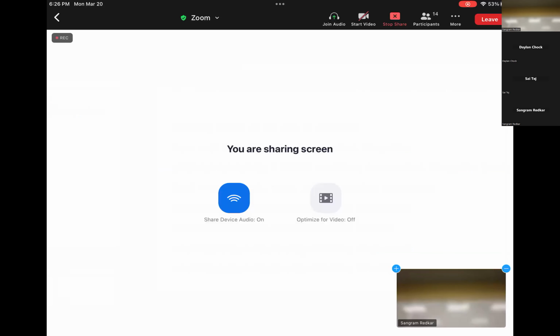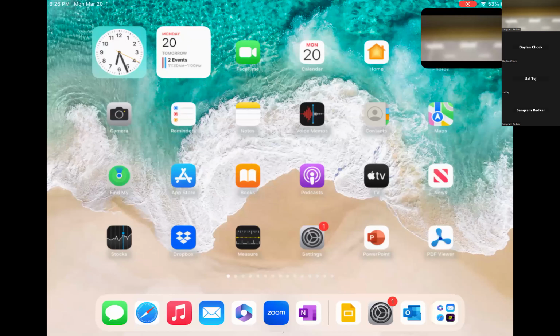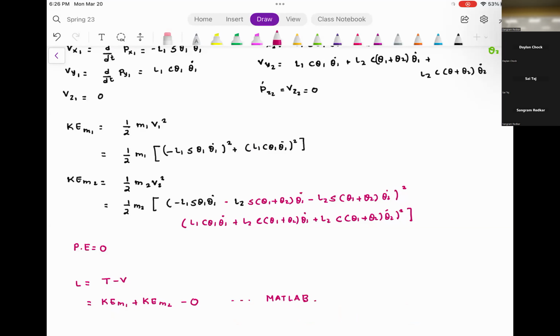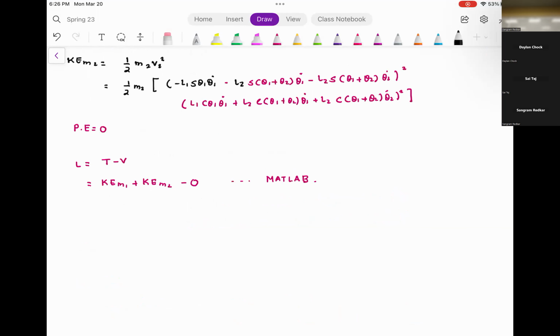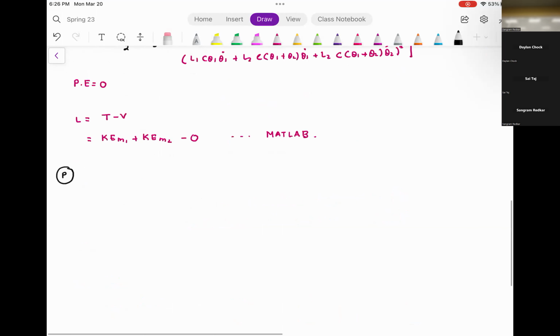Next problem. I want to take problem number 2. Imagine now I have a robot. This is the revolute joint, and at the end here there is a prismatic joint.